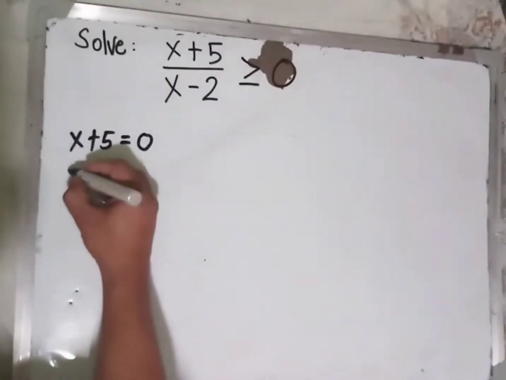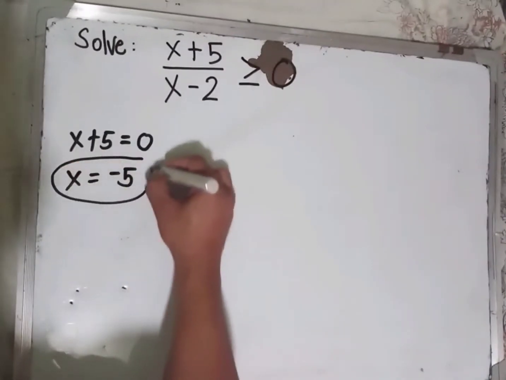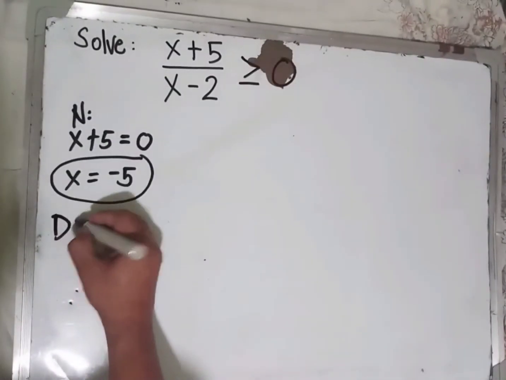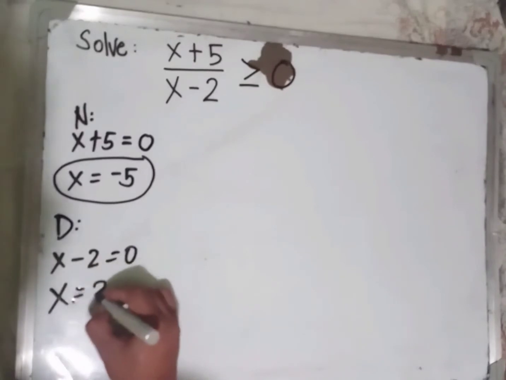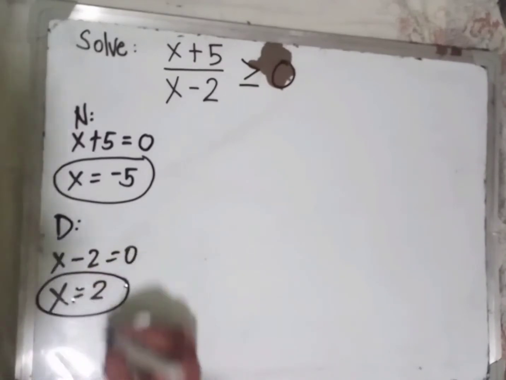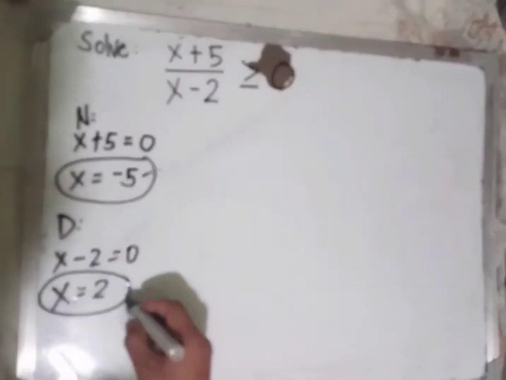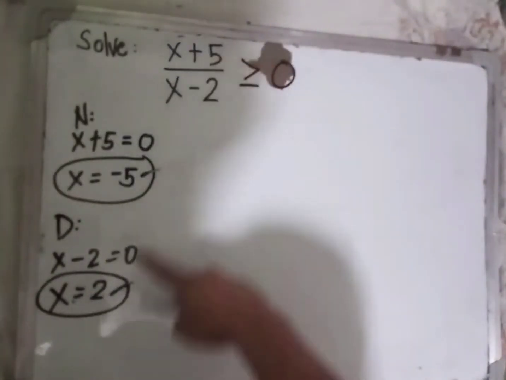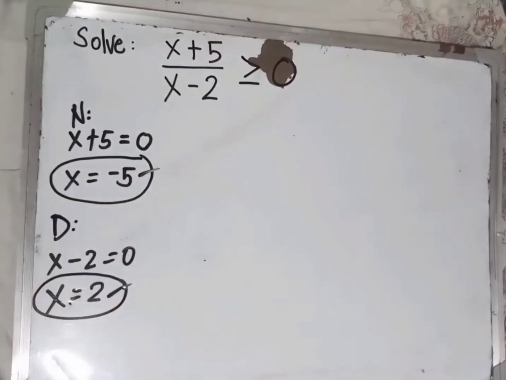So, x equals negative 5. Ito yung first meaningful number, that is numerator. Then, ang denominator, that is x minus 2 equals 0. Then, x equals positive 2. So, the two meaningful numbers are negative 5 and positive 2. Negative 5 makes the numerator equal to 0, and ang positive 2, it makes the denominator equal to 0.